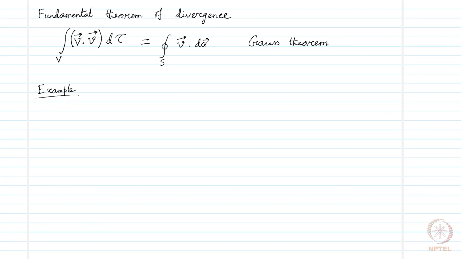Let us consider a function V, a vector field that is given as y squared x cap plus (2xy plus z squared) y cap plus 2yz z cap. And let us consider a cube with one of its corners at the origin.